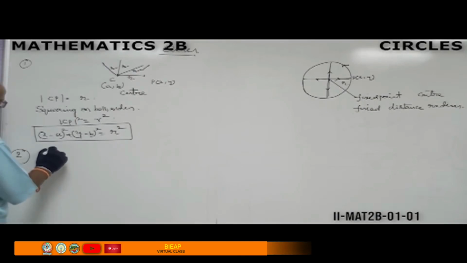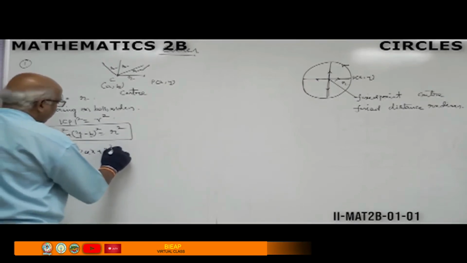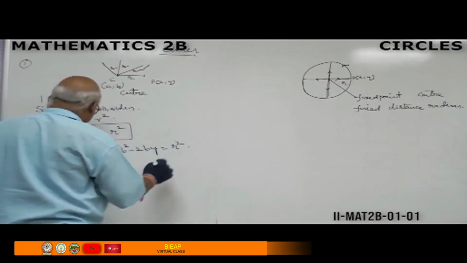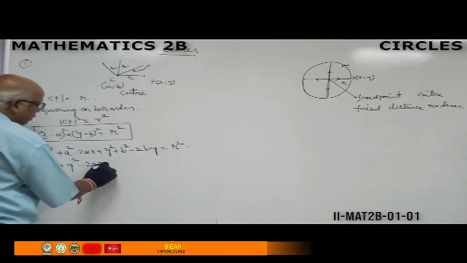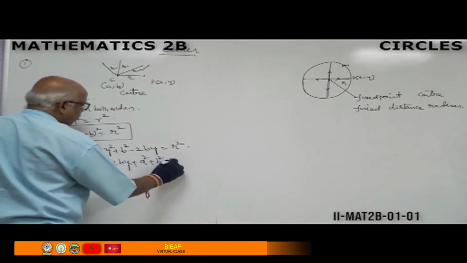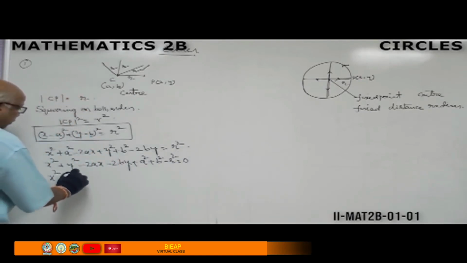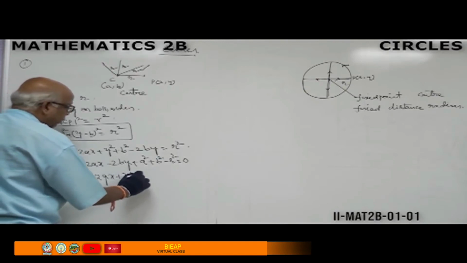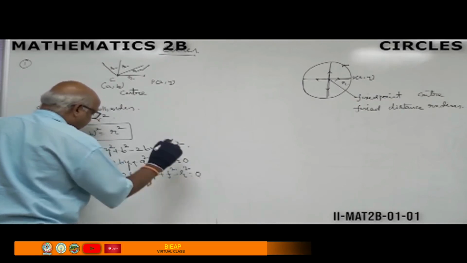Using the (a minus b) whole square formula: x square plus a square minus 2ax, y square plus b square minus 2by equals r square. x square plus y square minus 2ax minus 2by plus a square plus b square minus r square equals 0. x square plus y square plus 2gx plus 2fy plus g square plus f square minus r square equals 0.